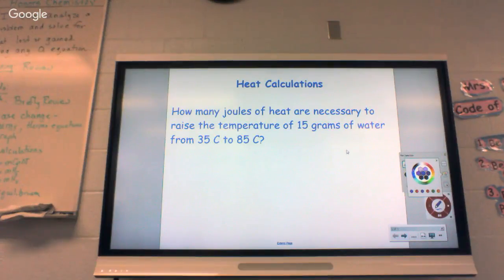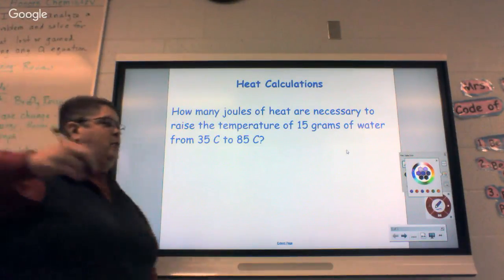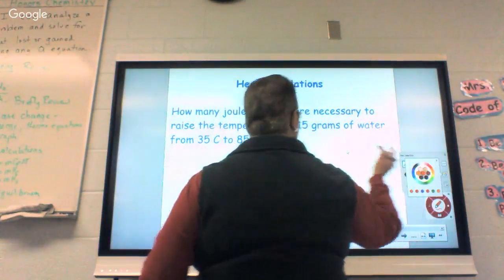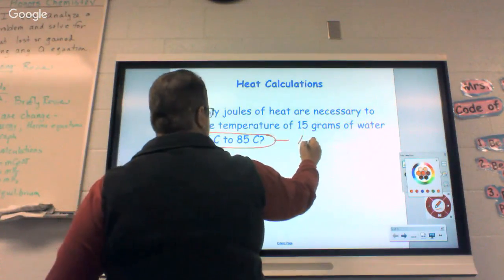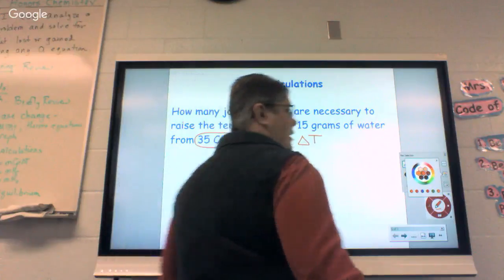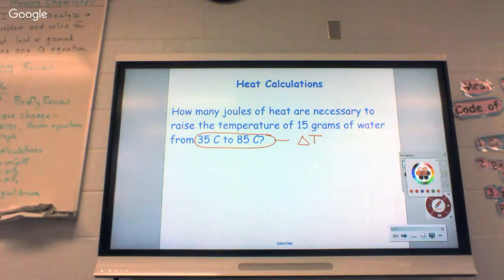How are you going to know which formula to pick? What jumps out at you with the question? As soon as you look at this question, this right here should jump out at you. It screams delta T. As soon as you read that it says 35 to 85, that should say to you, oh, that's a delta T, I'm changing temperature.